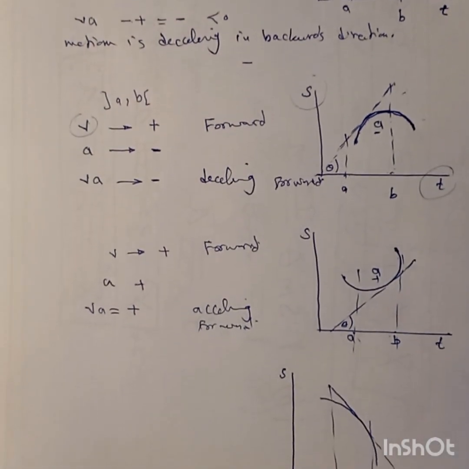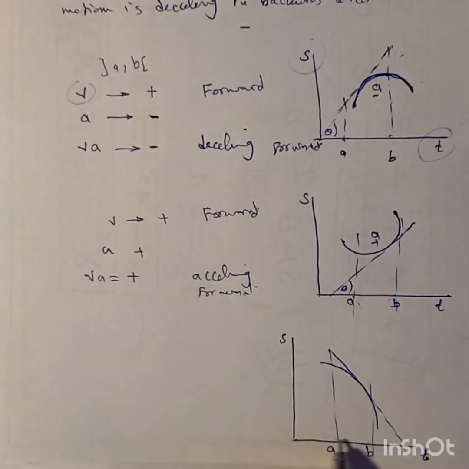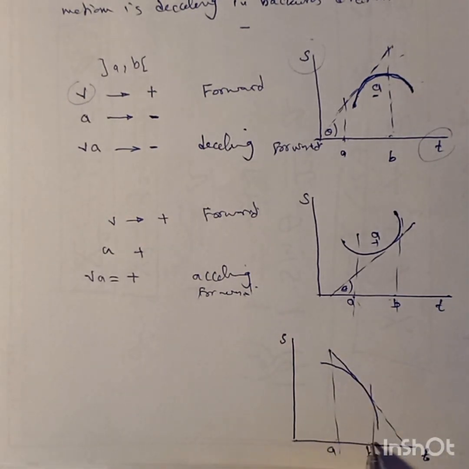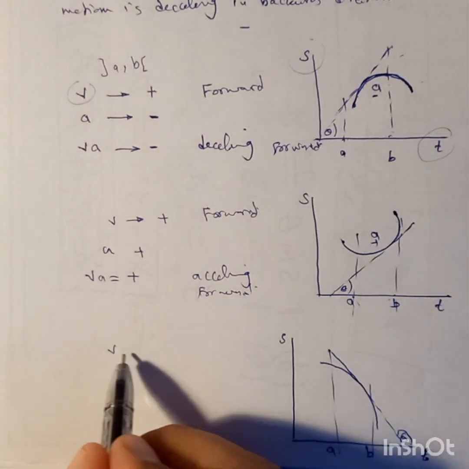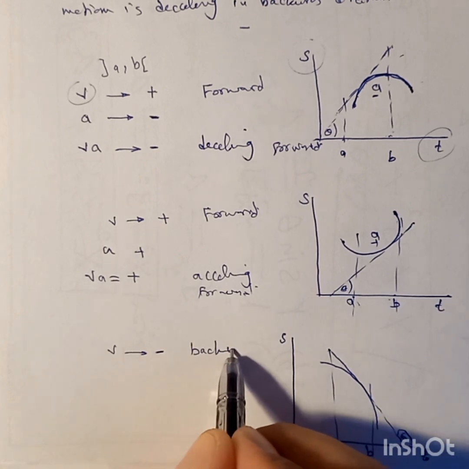For the last curve here, during this time interval A and B, the slope of the tangent is negative, as theta is obtuse, then velocity is negative, then motion is in backwards direction, okay.